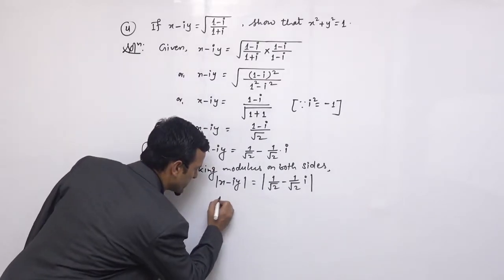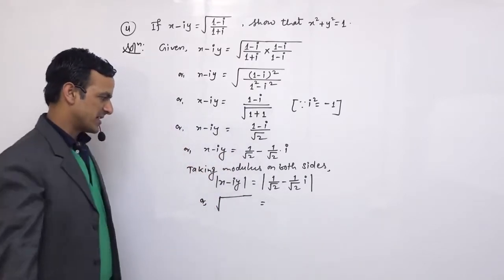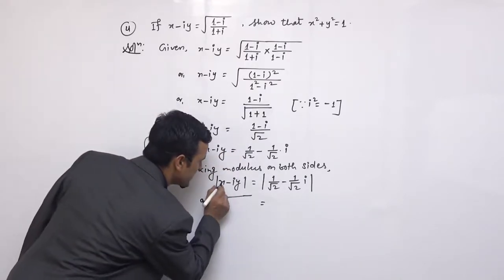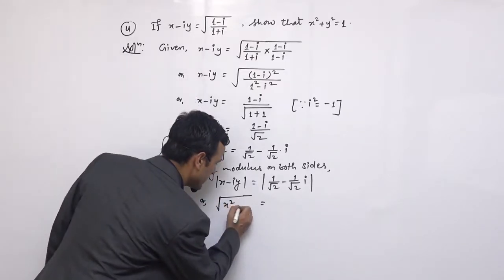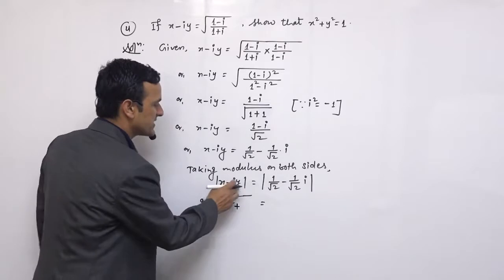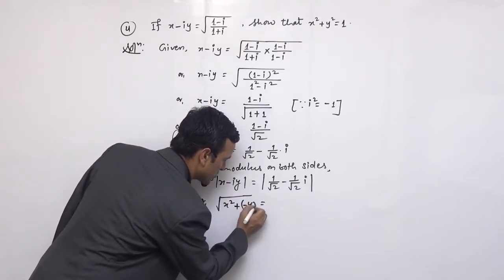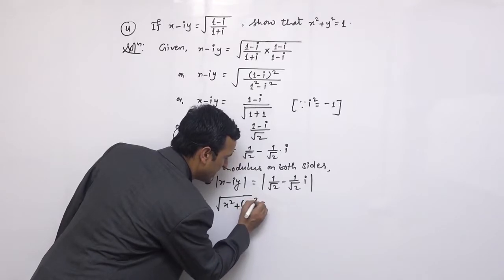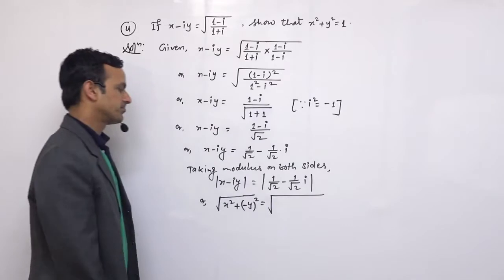So using the definition of modulus, we can write down the real part square. This means x square plus the imaginary part square, which means minus y, also we have to include this minus sign. And here is also root under.